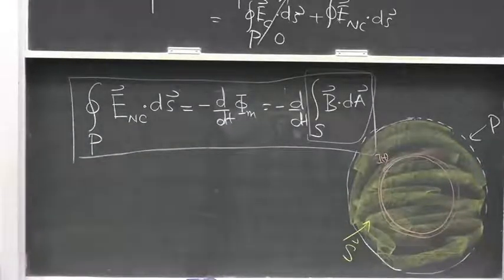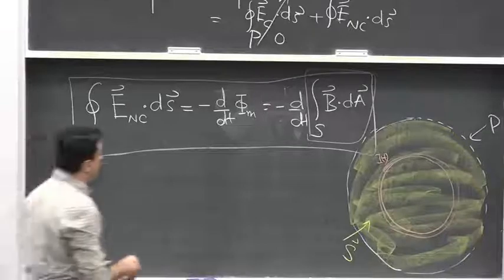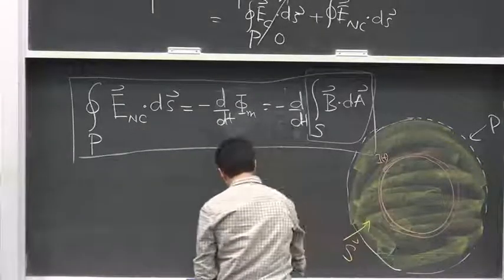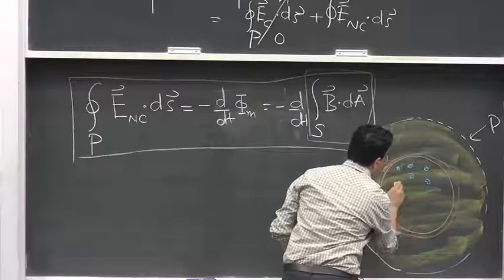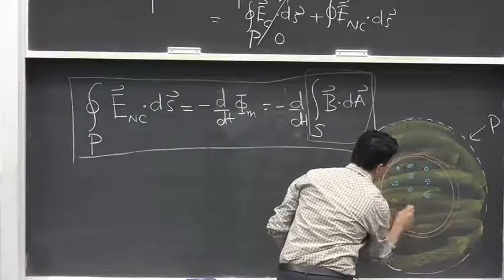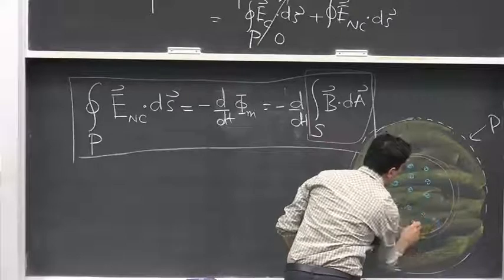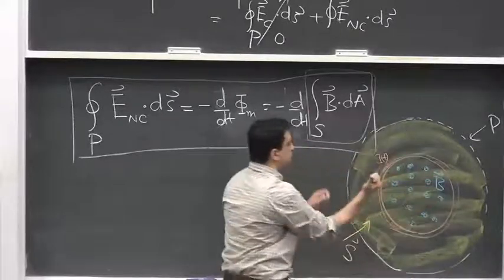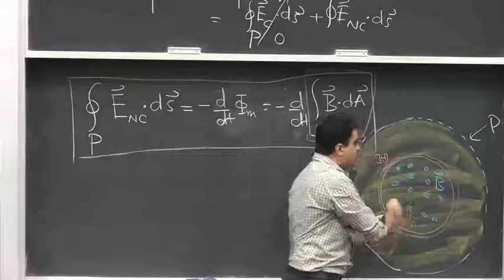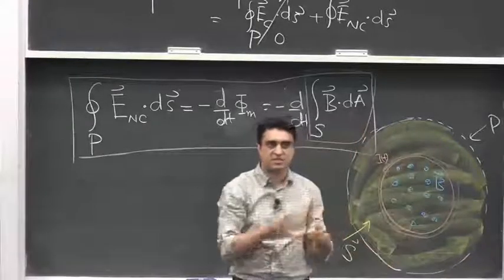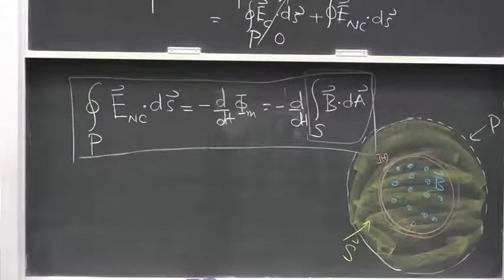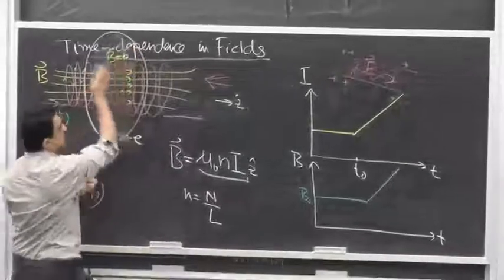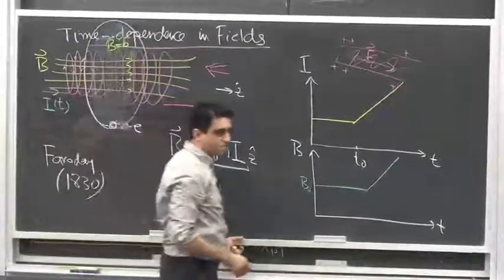They are only inside the solenoid, so those are the magnetic field lines which are crossing this surface S. The magnetic field lines crossing the surface S are what matter.